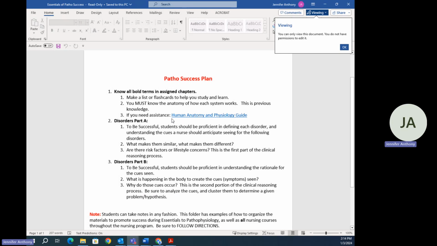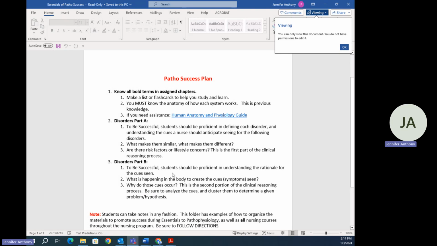There is assistance in the link, Human Anatomy and Physiology Guide. There are wonderful things within that guide for each and every system. So students who need assistance with, say, GI anatomy and physiology, they can go there and get that information prior to coming to your class.